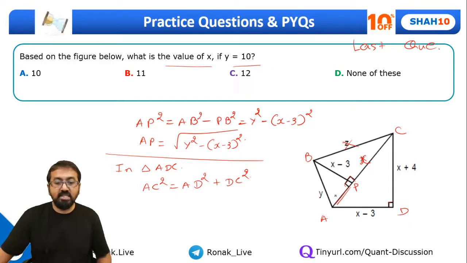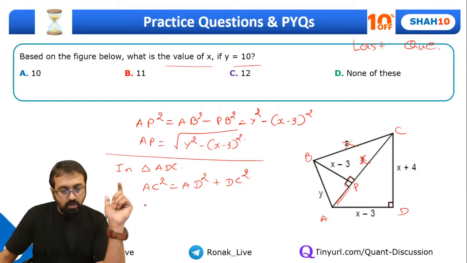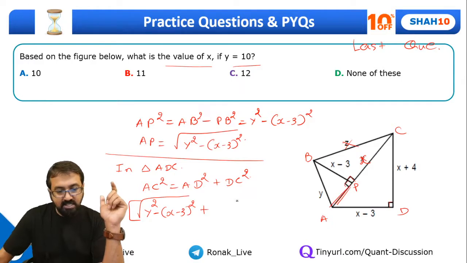Now what is AC square? So AC is AP plus PC, yes or no? So AP is this one, so I'll have to write, now this is going to be complicated, under root of y square minus (x minus 3) whole square, this is AP, plus PC is x, so this is complete AC.